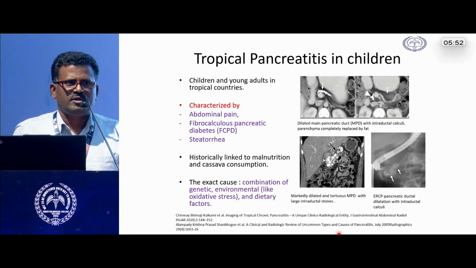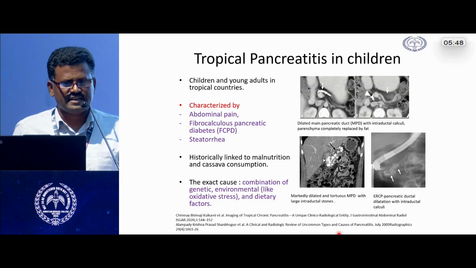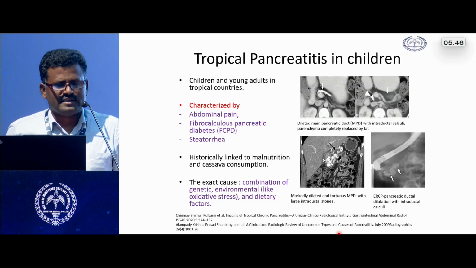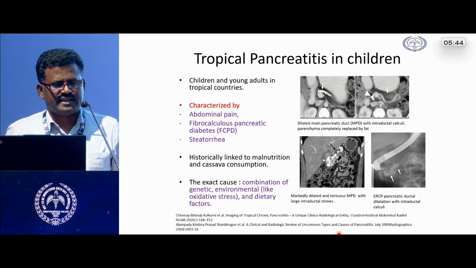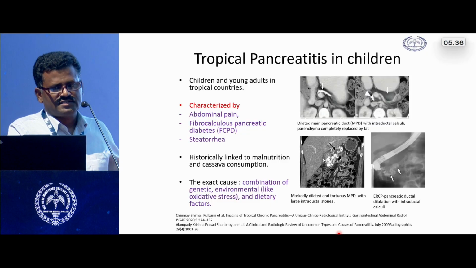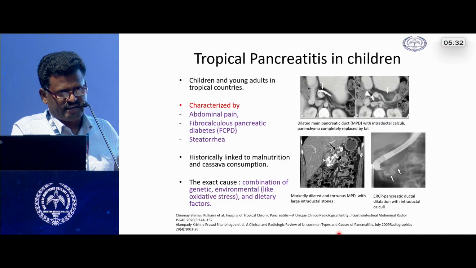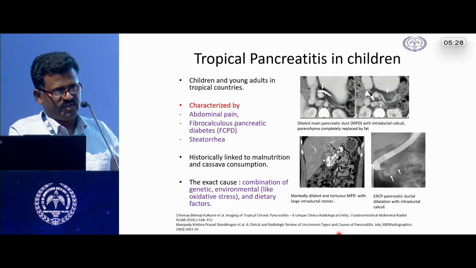And another unique problem, as Dr. Nigel Thomas was talking about, is tropical pancreatitis in children, particularly in tropical countries like India. It is characterized by the triad of abdominal pain, fibrocalculous pancreatic diabetes, and steatorrhea. This image shows a fibrous fatty replacement of the pancreatic parenchyma, and there is a ductal dilatation studded with calculi.